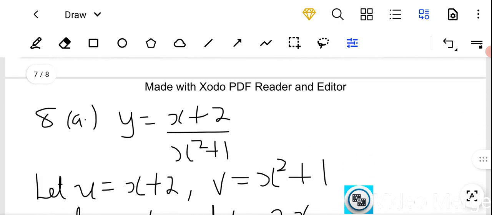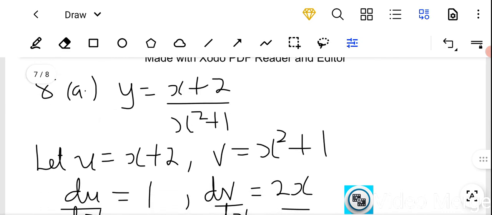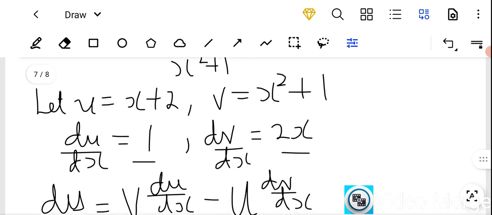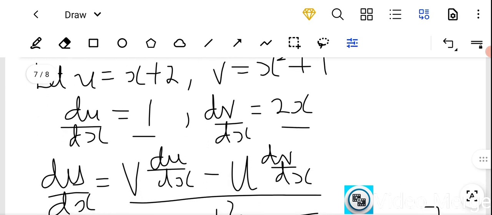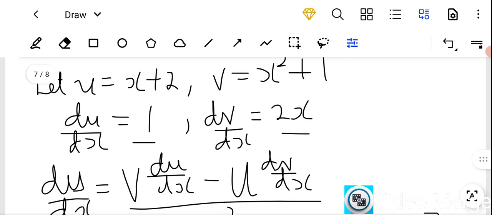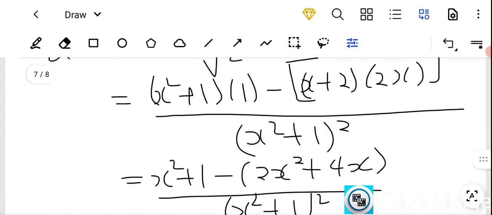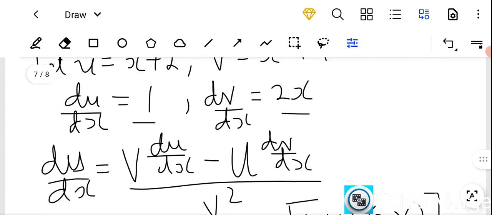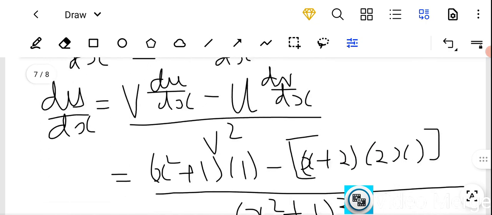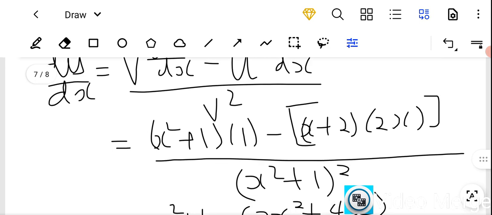So that is x plus 2 divided by x squared plus 1. Differentiate x plus 2 to give you 1, differentiate x squared plus 1 to give you 2x. Then v, which was x squared plus 1, we just made it x squared plus 1, then minus u, which was x plus 2, times 2x, well, we had 2x squared plus 4x.